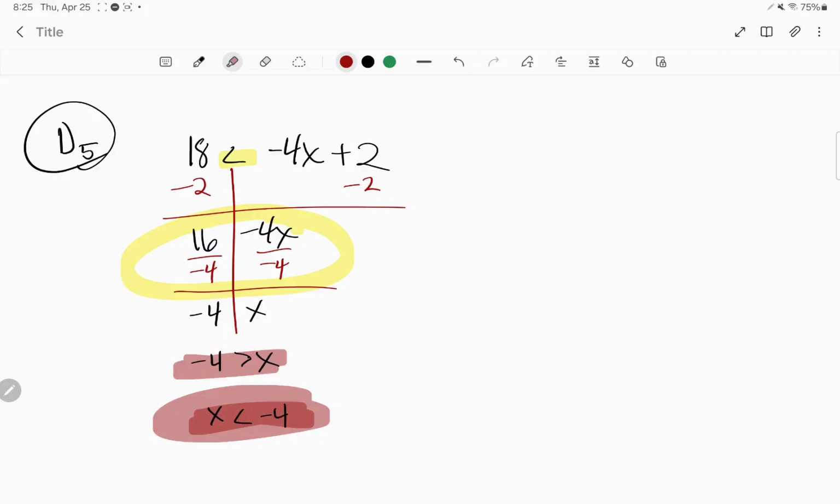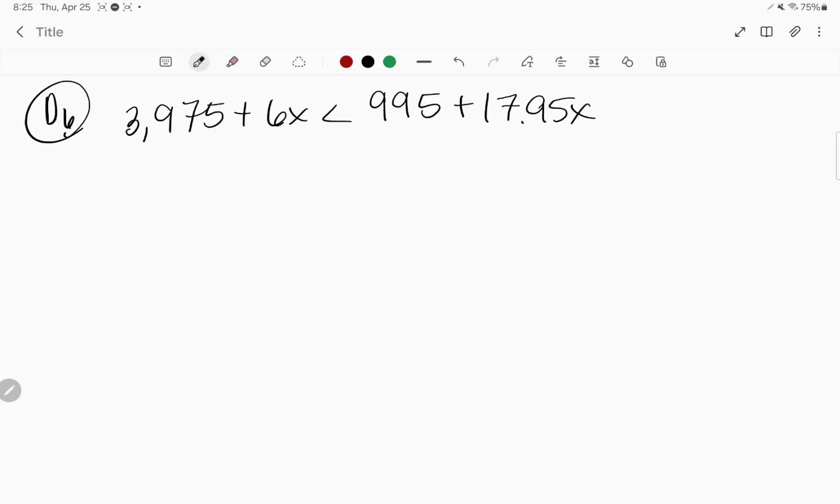Okay, let's take a look at the final one here. The only thing different about this one is that we have decimals. So if you want to use a calculator for this one, go ahead and use a calculator, but solving it is exactly the same.